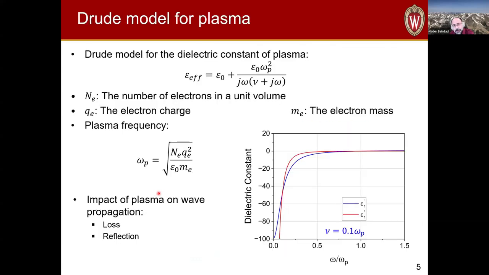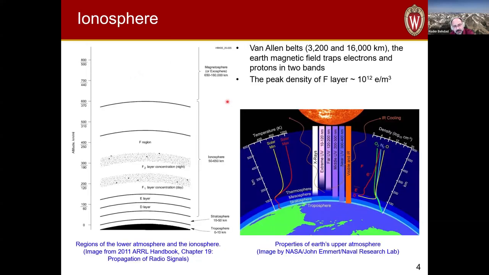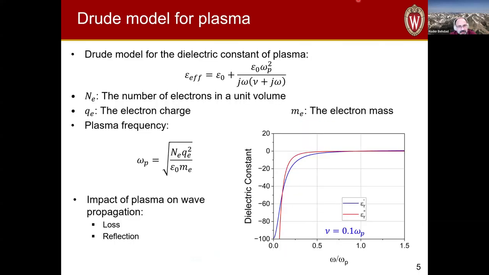So we can consider a very simple Drude type model for the dielectric property of plasma. When these molecules are ionized, you have free, ionized charges that can move in the atmosphere. This forms a plasma, and we can characterize it reasonably accurately with a Drude type dielectric constant model.